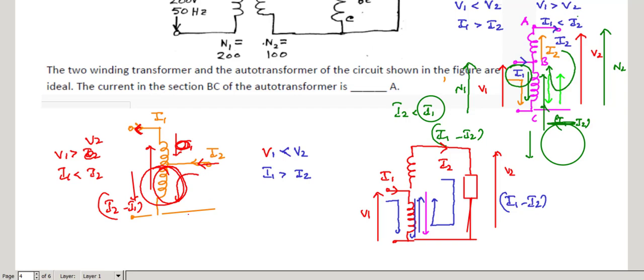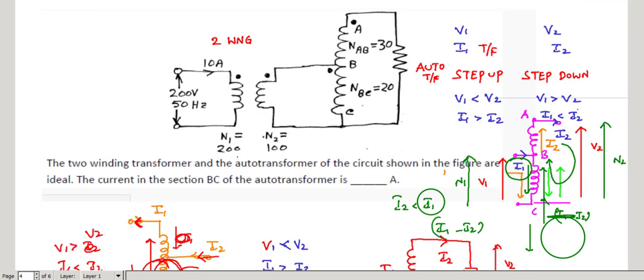Let's see here. Turns N1 is 200 and N2 is 100, as given. Supply voltage is given, and I know 10 amperes here. I can find this current easily. Apply the transformation ratio: I1 by I2 equals N2 by N1.